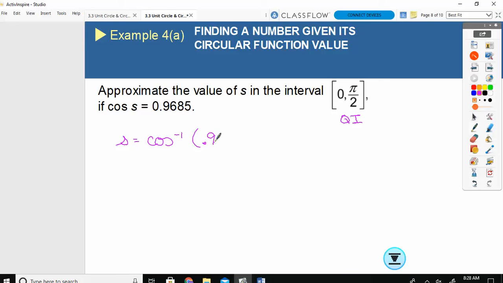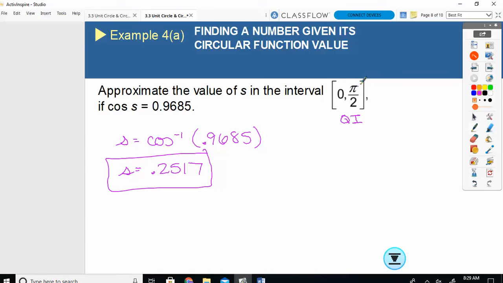The inverse. That's cosine to the -1, second cosine. Your calculator will give you the answer in quadrant 1, so you don't have to do anything special since we're in the first quadrant. And we get 0.2517.